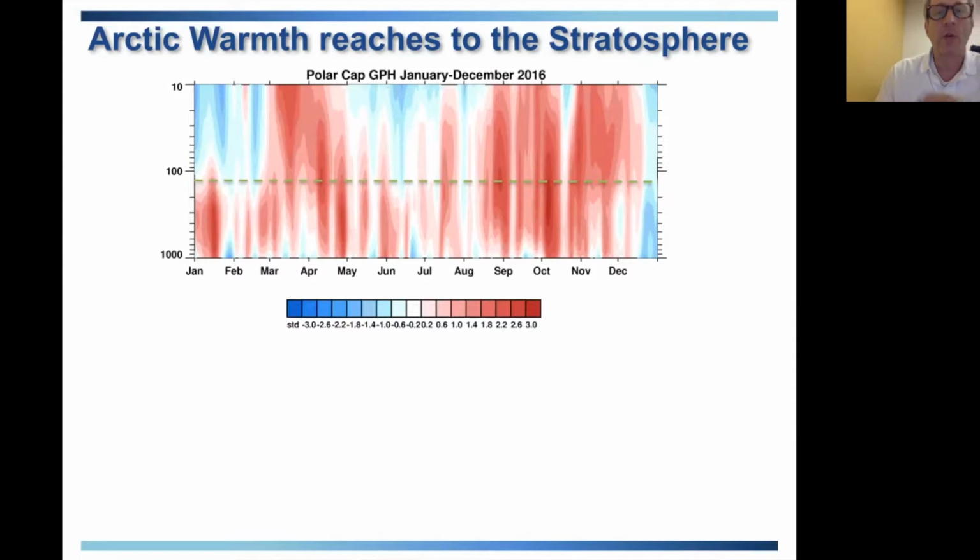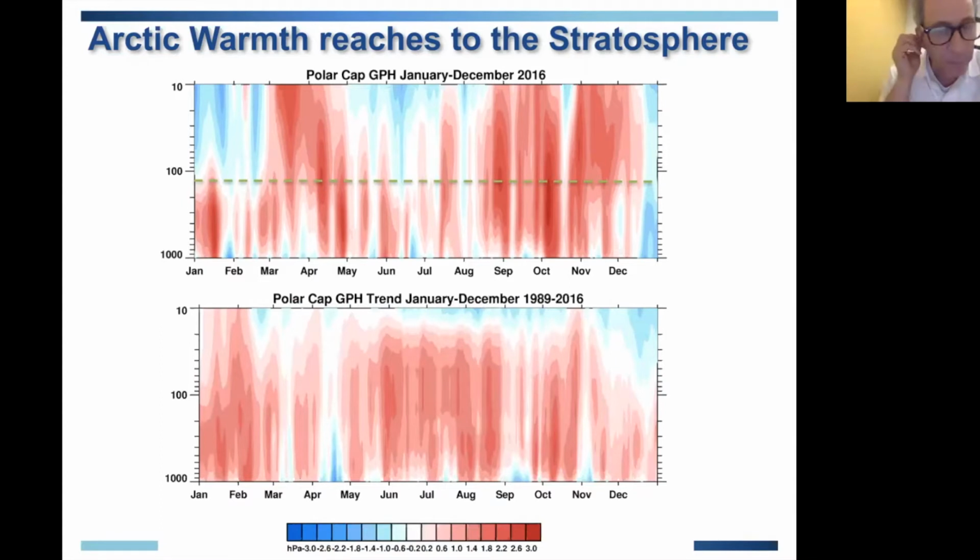I'm showing the most recent year of anomalies in what's called the polar cap, the anomalies in geopotential height averaged over the entire polar cap from 60 north to the pole. Red shows warming or rising geopotential heights, and blue would be cooling or lowering geopotential heights.